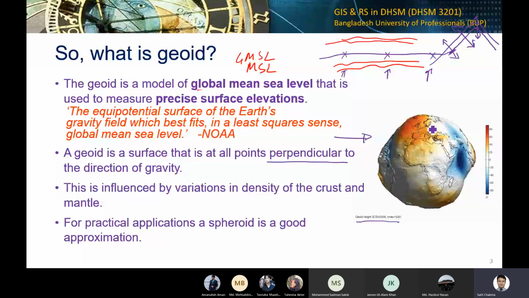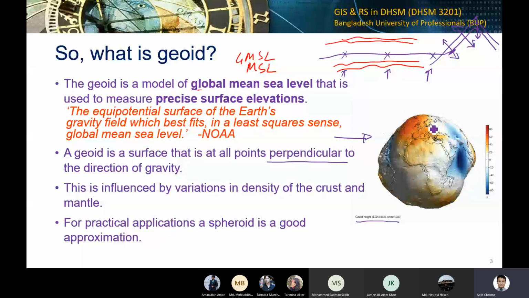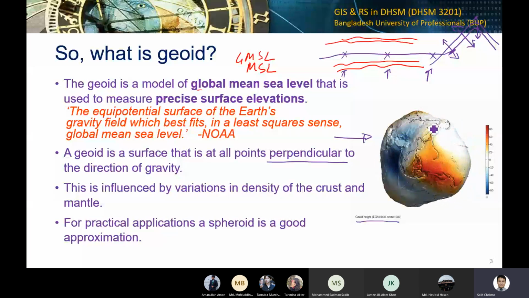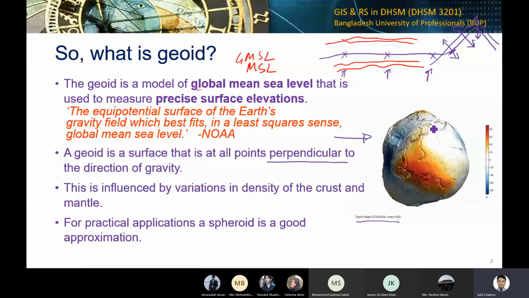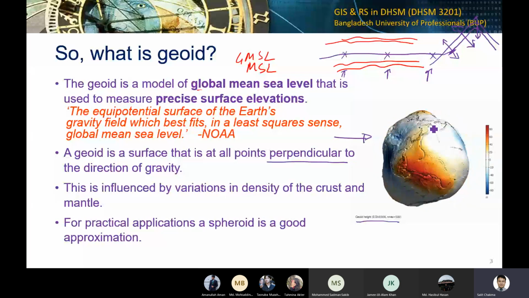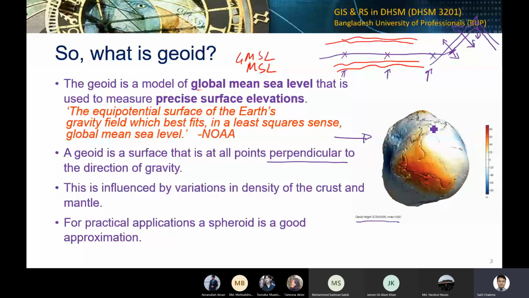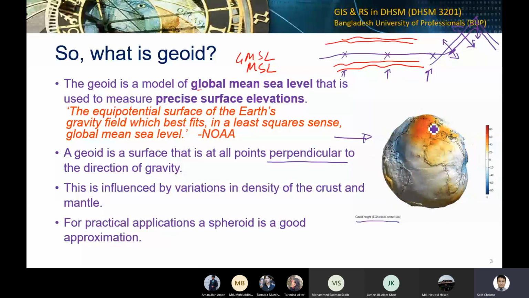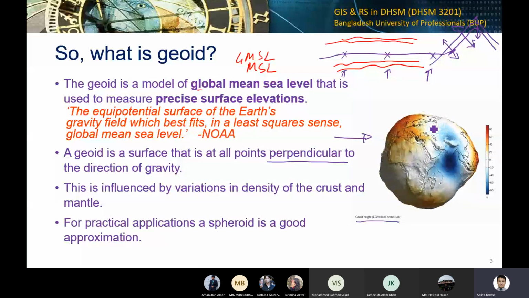It is not exactly spherical, like we have seen in the previous lecture, where we think of the Earth as a sphere, and then we have the geoid, and the actual surfaces, actual locations. We find that the geoid sits between the actual surface, the actual terrain or topography, and the sphere.